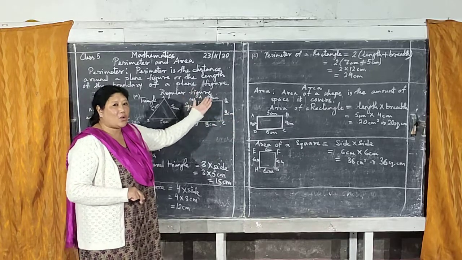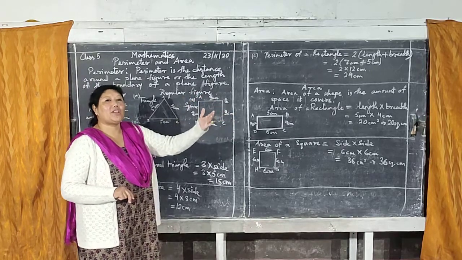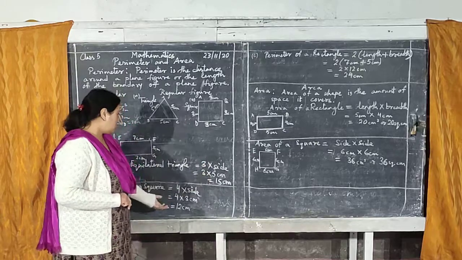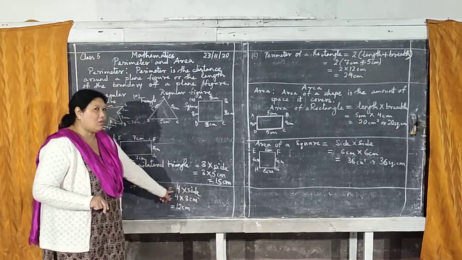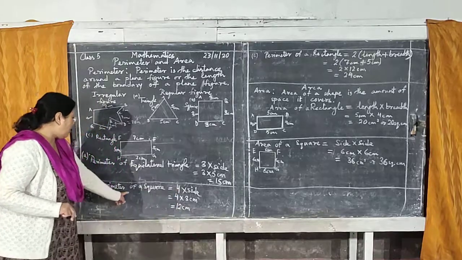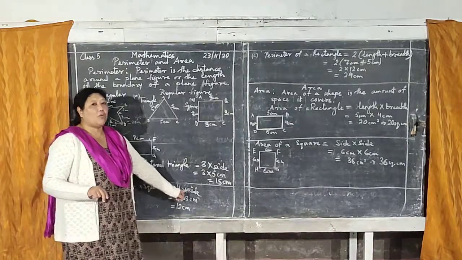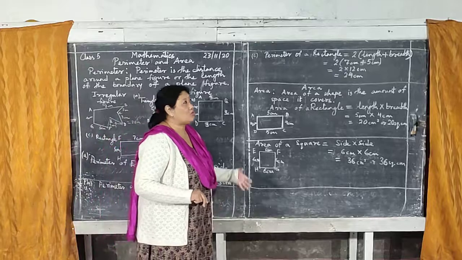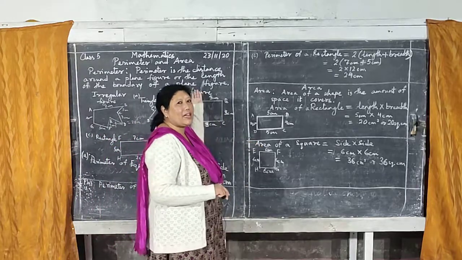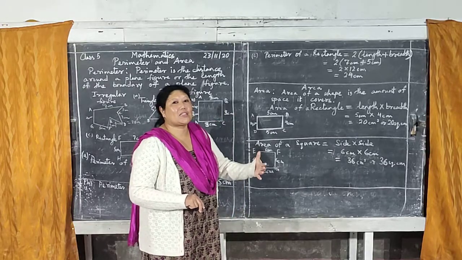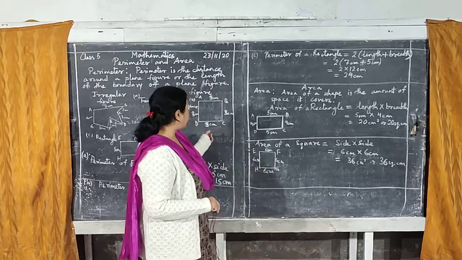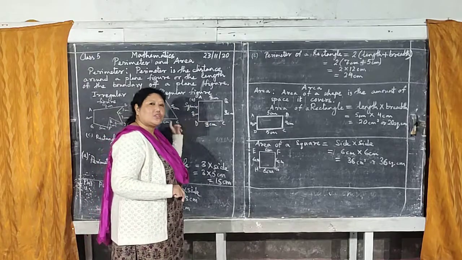If the length of the side is 13.68, multiply 13.68 by 4. So the formula of a square is 4 into side: whatever the length of the side, multiply that side by 4 and you will get the perimeter of a square.